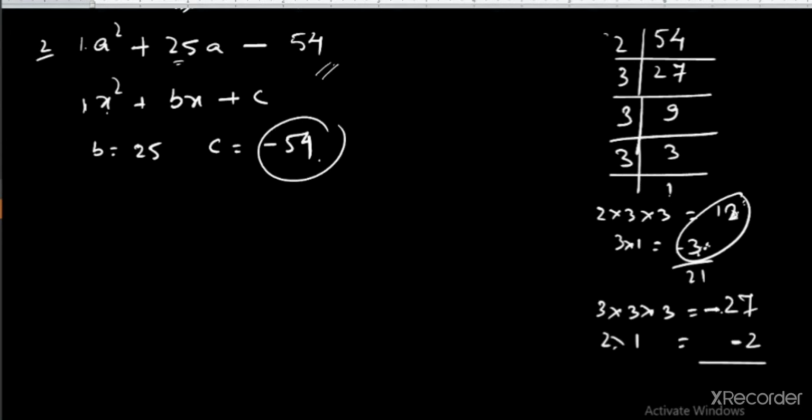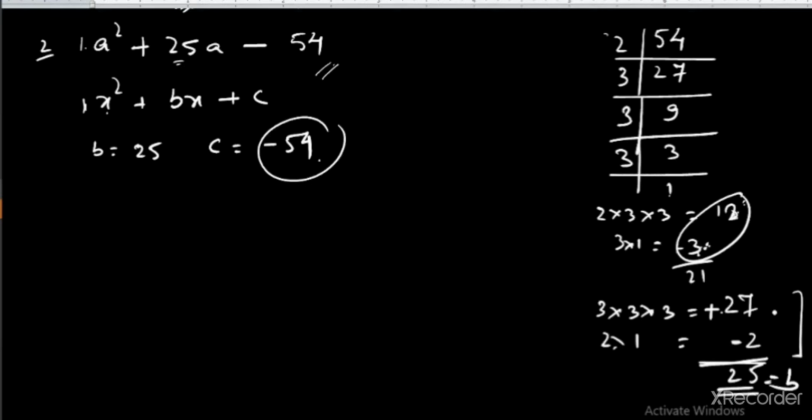Here you have to assign a sign of plus and here the sign of minus, and only the difference is the possibility so that you will get 25 as a sum. Due to the sign difference, definitely you are going to subtract. So what you are getting? 27 minus 2 is 25, which is equal to B, which is your motto to get, isn't it?